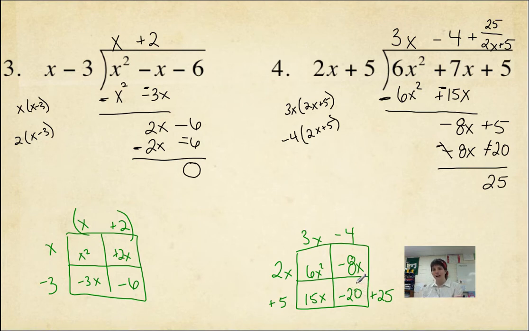And since my constant doesn't match the c value, I need to add something to the outside to make it match. So negative 20 plus 25 would give me 5 for c. So there's my remainder. 25 is my remainder. So either way, the answer to this problem is 3x minus 4 plus 25 over 2x plus 5.